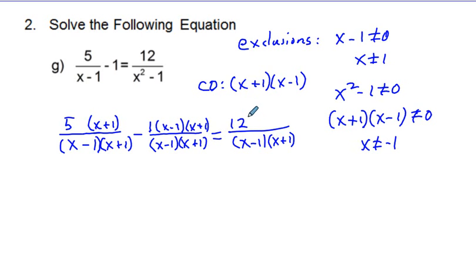Okay, and then we do this the same way here. Well, we already have that denominator, so we're already good to go on this. So we can just rewrite all of this.